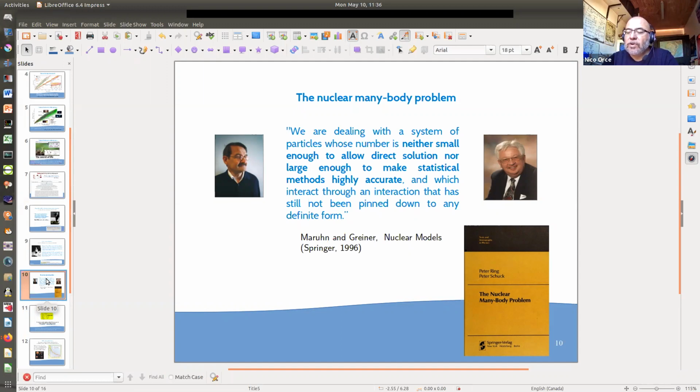We have a nucleus with 12 particles, right? So this is not a number where you can actually apply statistical mechanics, and which interact, as I say, through an interaction that has still not been pinned down to any definite form.